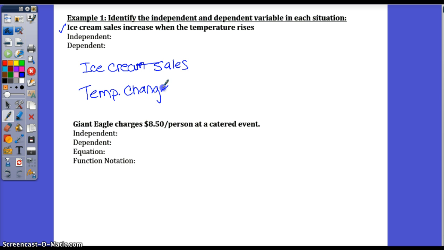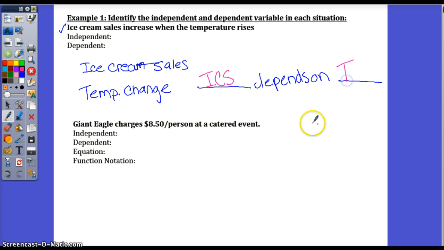So would you say blank depends on blank? Would you say that ice cream sales depend on the temperature, or would you say that the temperature depends on the ice cream sales?